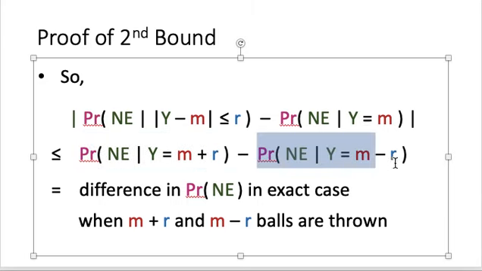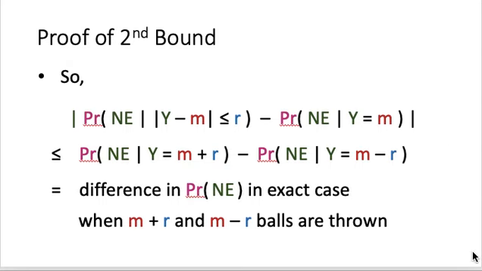And this term corresponds to the case where we are throwing n minus r balls, such that, in the exact case, after throwing these balls, there are no empty bins. So the difference of these two probabilities can be interpreted as we look at the exact case and find out the probability of having no empty bins. But for the first one, we can throw n plus r balls, and for the second one, we can only throw n minus r balls.